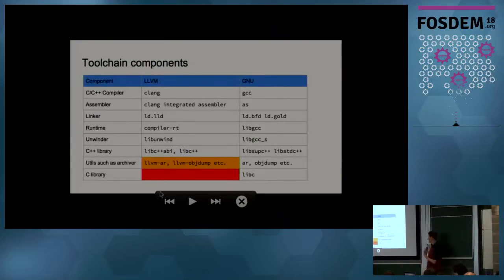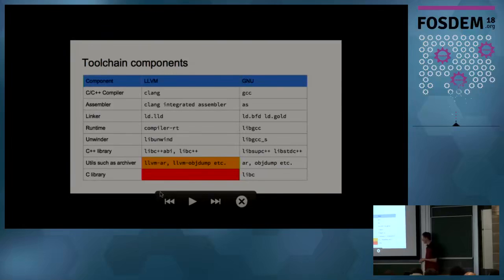here's my brief spreadsheet about what things are included with LLVM, and what's the equivalent. I've marked the bits in orange as, yes, these tools exist. They may not be as good as the equivalents. They're more developer tools. If you have a toolchain based on LLVM, you may not get those tools included out of the box.